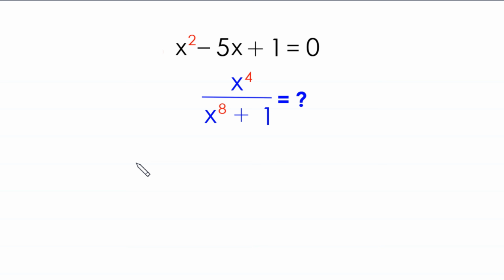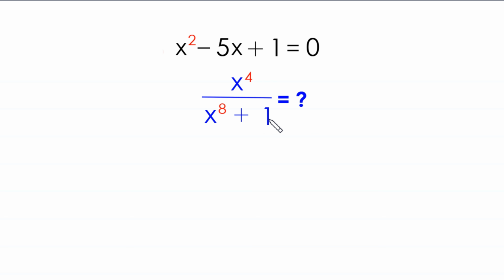Hello everyone, welcome to how to solve this very nice algebra equation: x squared minus 5x plus 1 equal to 0. Our job is to find the value of x to the power 4 divided by x to the power 8 plus 1.